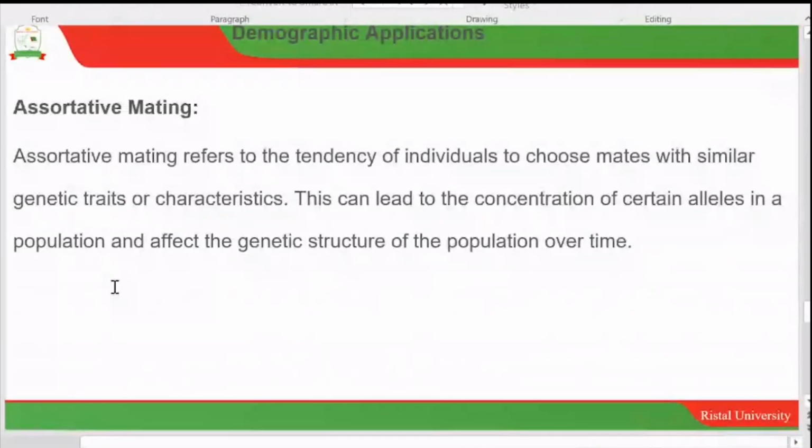Where individuals are attracted to individuals of similar genetics or traits, you are producing either an improved gene or the opposite. There are different ways that it causes a lot of genetic changes within the country over time. So it is in our interest to understand the changes in this genetic structure over time.